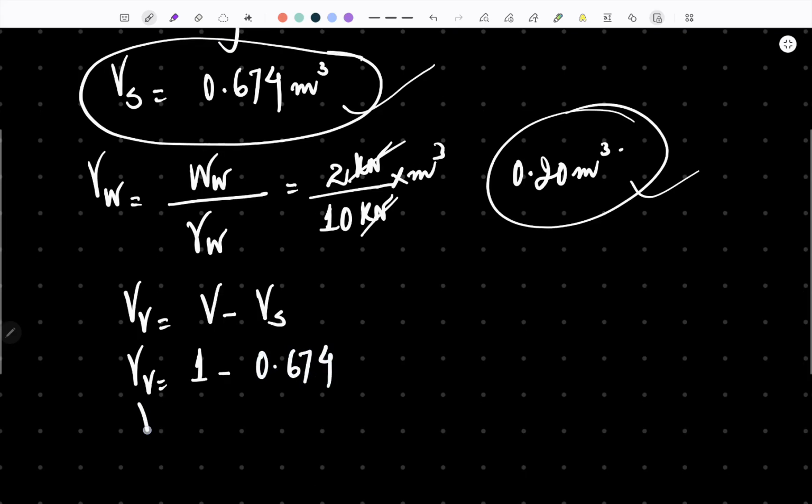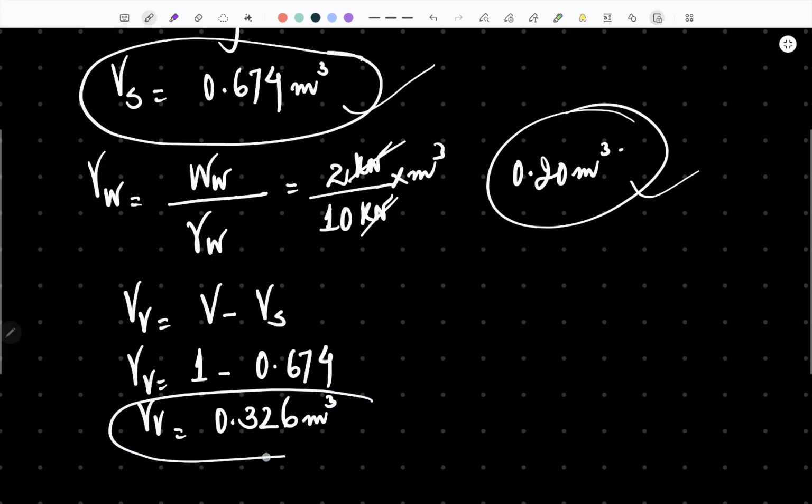So by calculations, volume of voids is 0.326 cubic meter. All right, this is how we arrive at the volume of voids by finding the volume of solids. So volume of voids is 0.326 cubic meters.